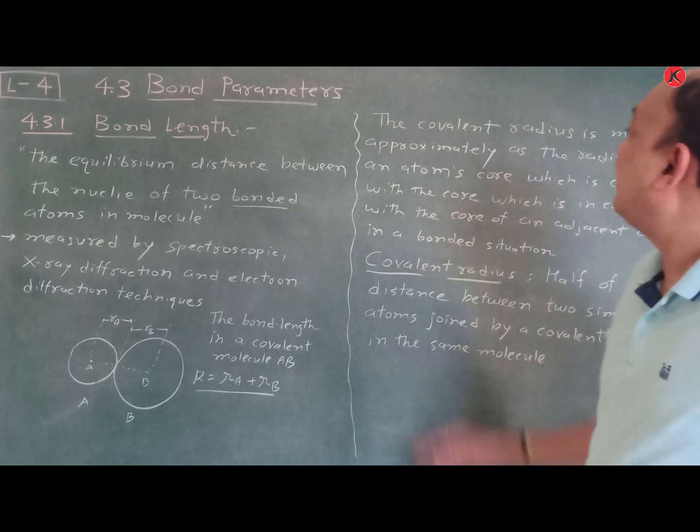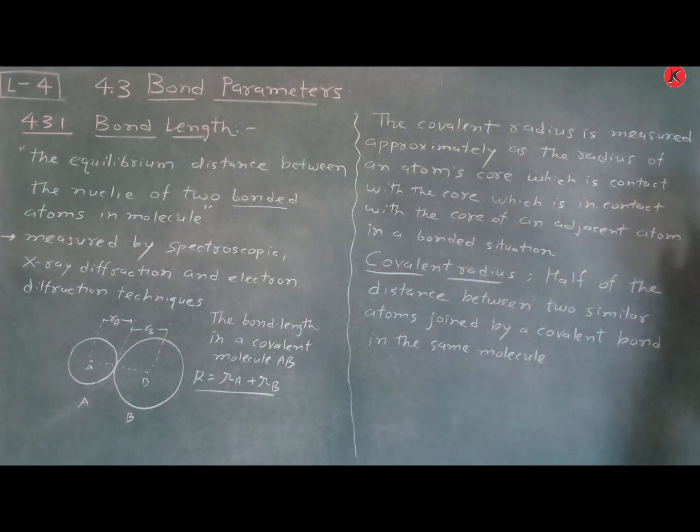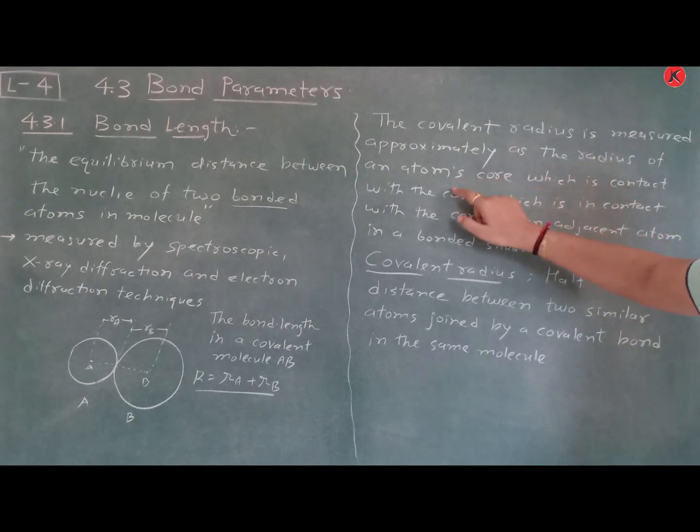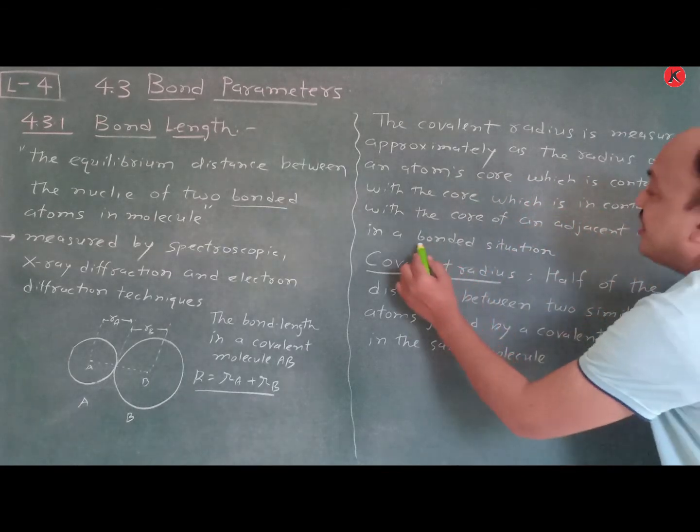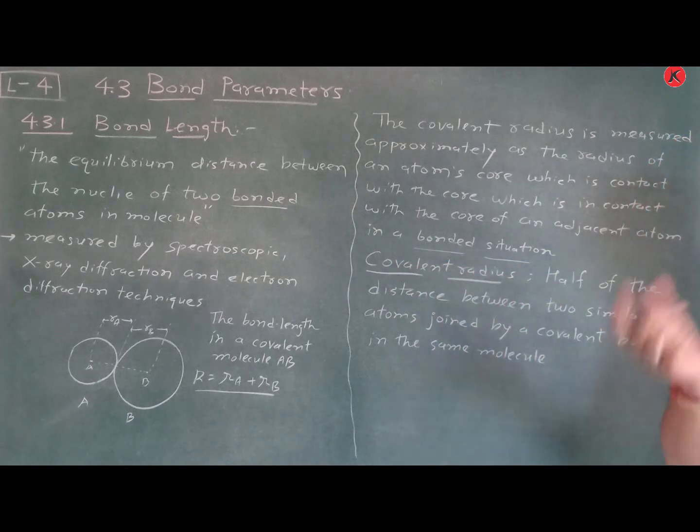The covalent radius is measured approximately as the radius of an atom's core which is in contact with the core of an adjacent atom in a bonded situation. Remember, bonded situation is a very important phrase.